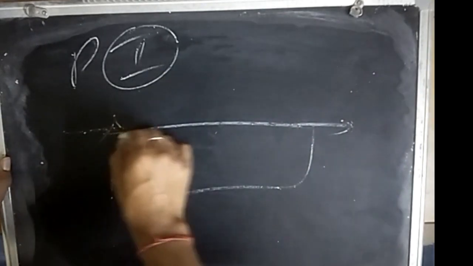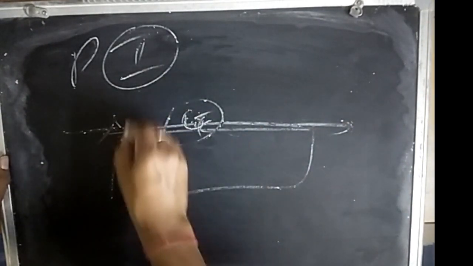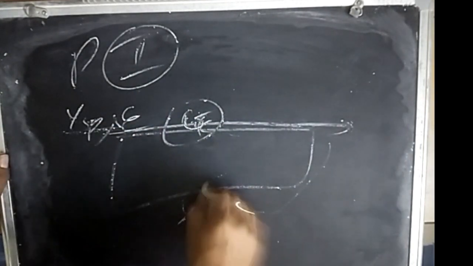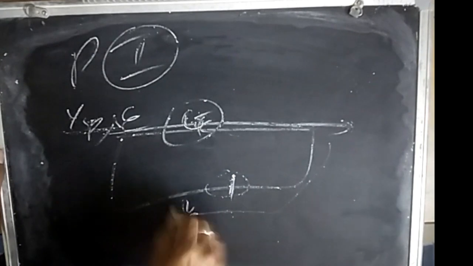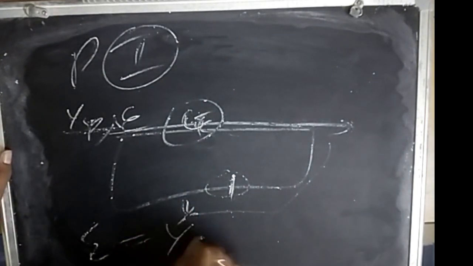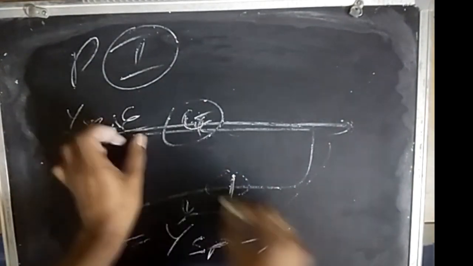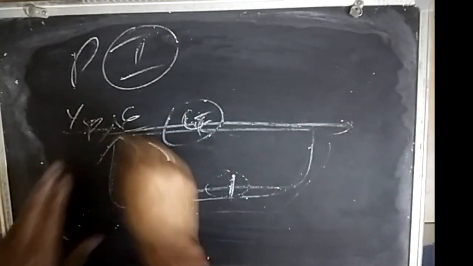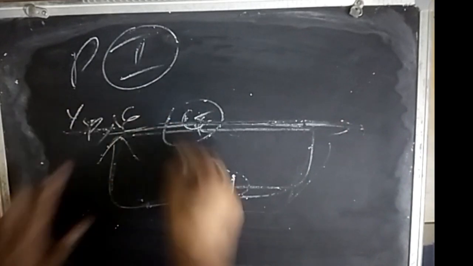Now to remove the offset, we use PI. Let's say this is my loop. This goes, and there is some error that GC takes into account. Error means YSP minus this Y. Let's say GM is 1, so the error is YSP minus Y. So there is some error in the first run.